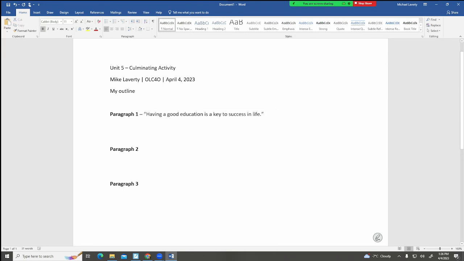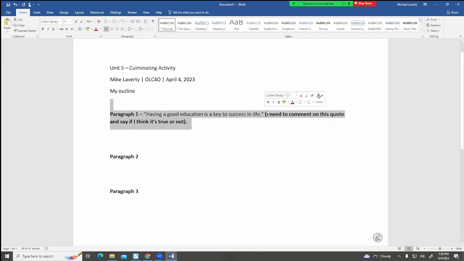And in brackets I'm going to put, I need to comment. I'm writing notes to myself. I need to comment on this quote and say if I think it's true or not. So that's going to be my first paragraph.